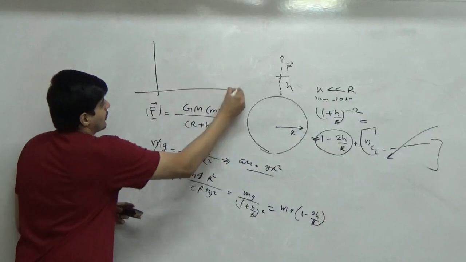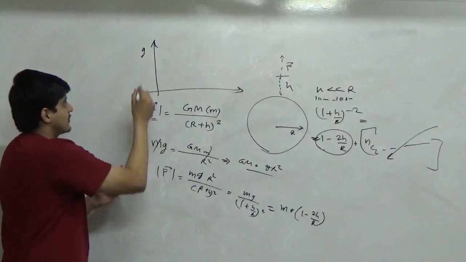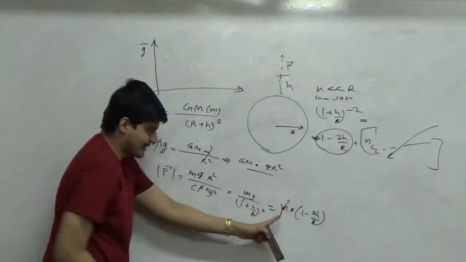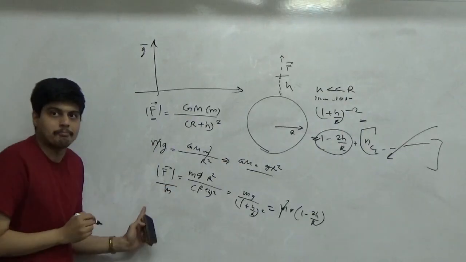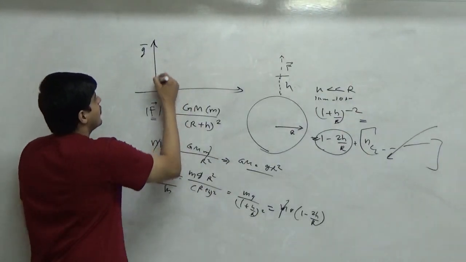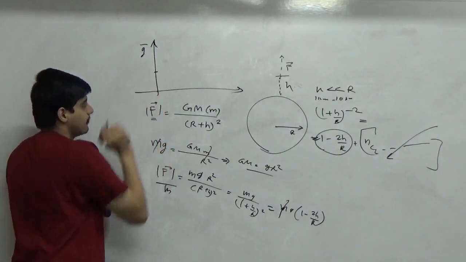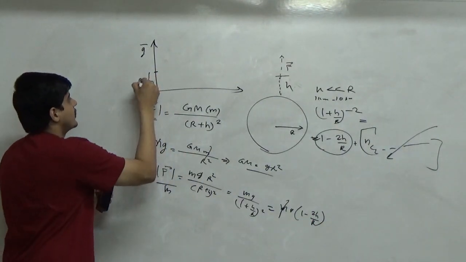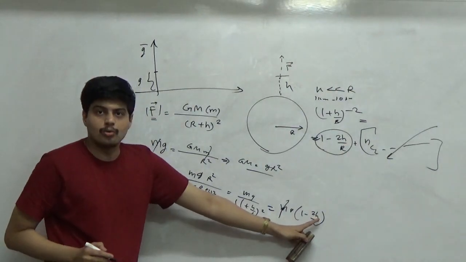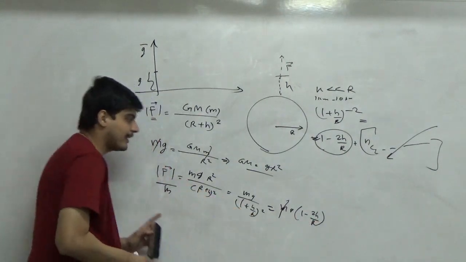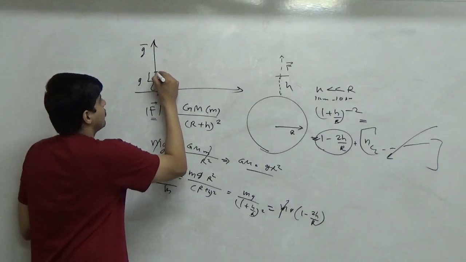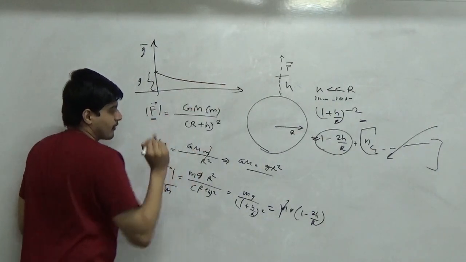So if I try to plot this now, the acceleration g, I can take this out if I am looking at it as F by m, the acceleration. At h equal to 0, of course I get g, right? So I will write this as g. Say h is equal to 0.1 of r, I get 1 minus 0.2, so it is 0.8. So it keeps dropping down.